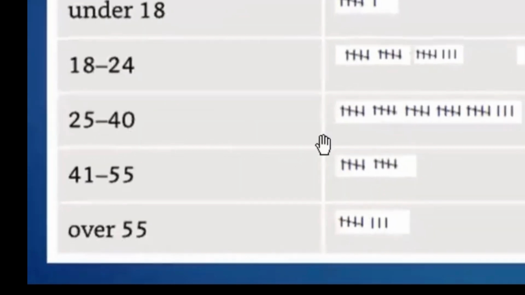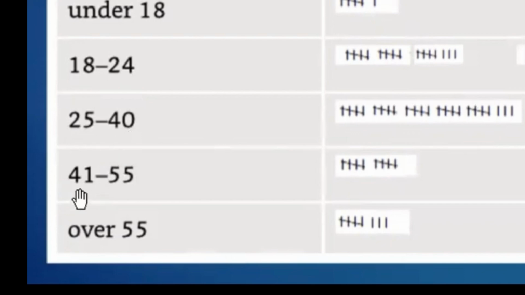So again, for the age group between 25 and 40, Louise's Diner saw 1, 2, 3, 4, 5. 5 times 5 is 25, plus 3, 28 people between the ages of 25 and 40, okay?